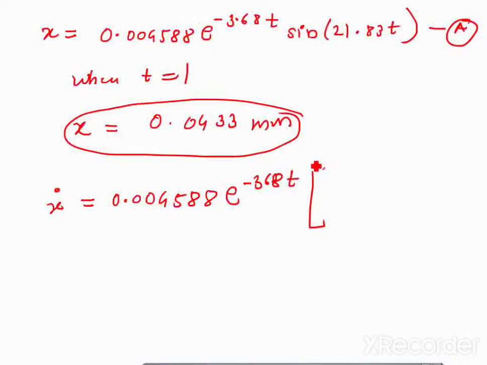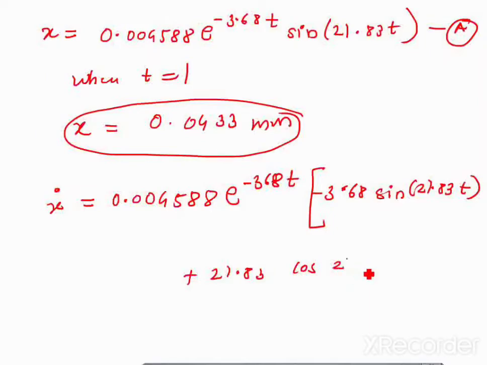So what I am putting: minus 3.68 into sine 21.83 t. Just put everything here. Plus again the remaining term, 21.83 into cos 21.83 t.